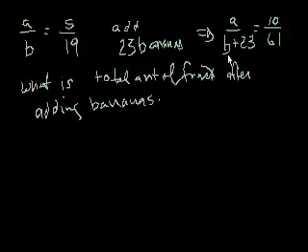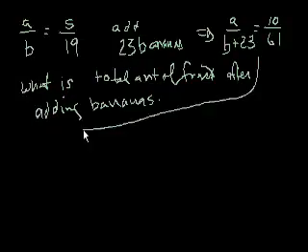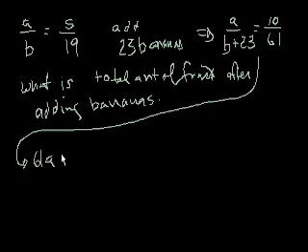Well, once again, we have two equations and two unknowns. I guess let's take this equation first because it's a little more complicated. We know if we cross multiply that 61a is equal to 10b plus 230.